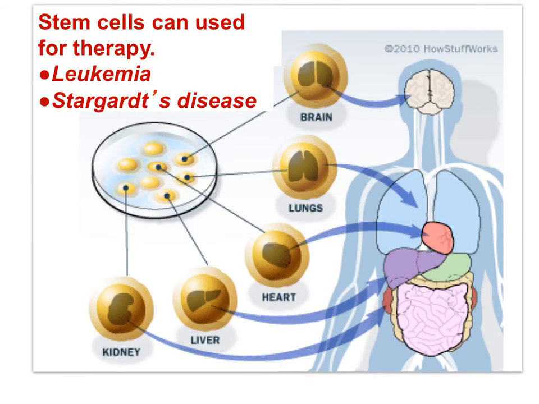Stem cells, as undifferentiated cells, are cells open to differentiation. They can be cultured to differentiate such that they can be used for therapy to treat leukemia or Stargardt's disease, a disease of the eye. If diseased tissues can be replaced by healthy tissues derived from stem cells, much suffering can be alleviated.